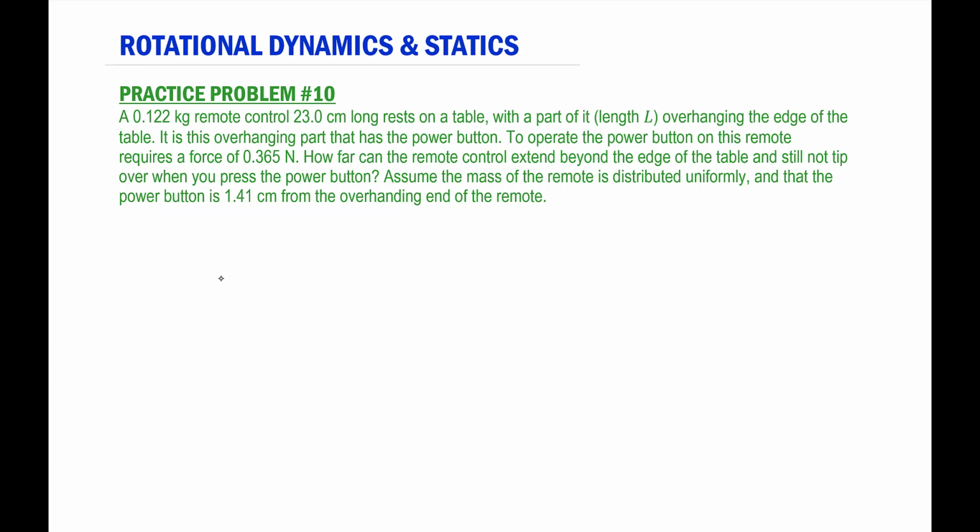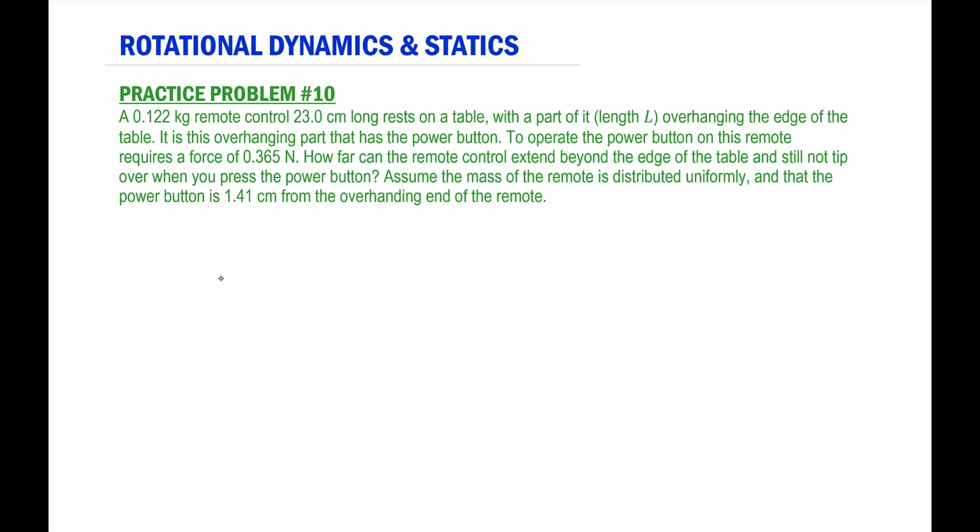So, we know that the distance that mg acts away from the axis is xcm minus L, because this is also xcm, and we're looking for this distance right here.